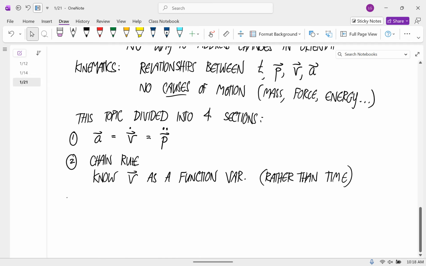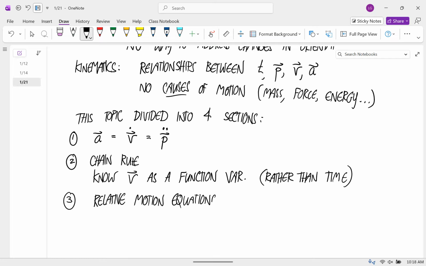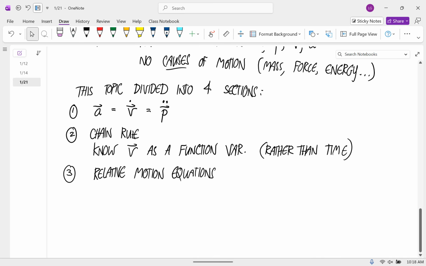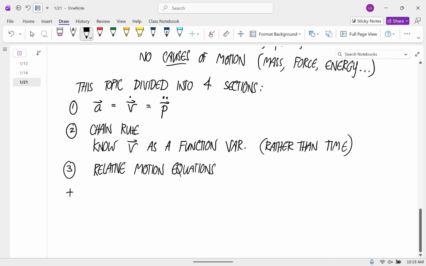And then the third and fourth are kind of connected. The third one is the relative motion equations, and the fourth one is circular and spherical motion.